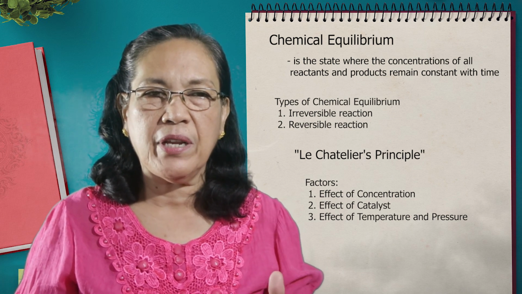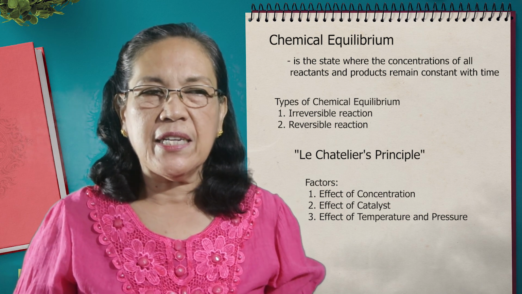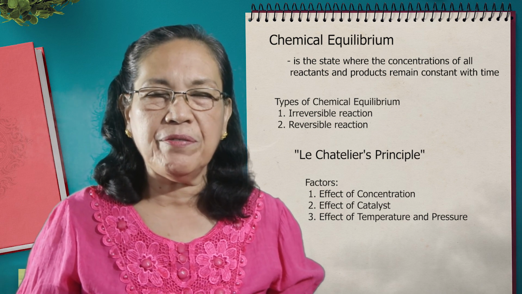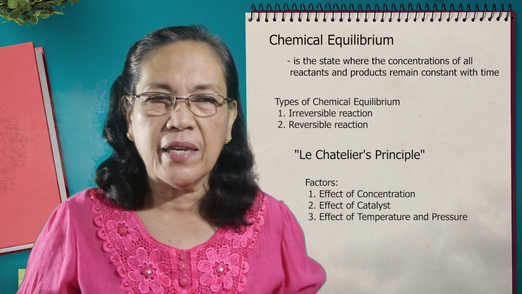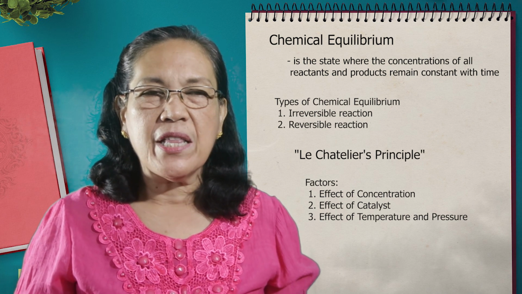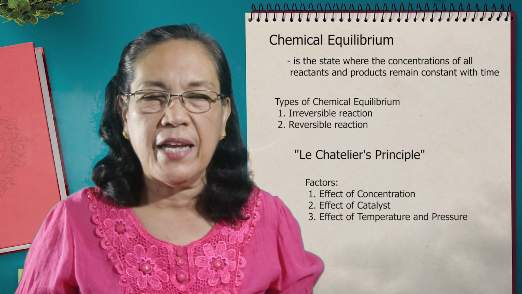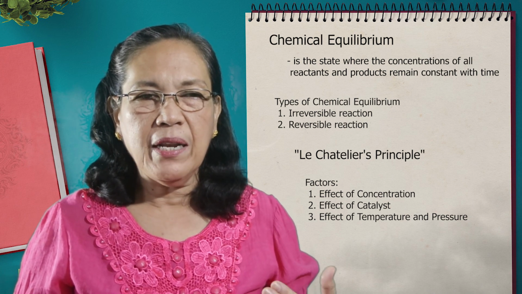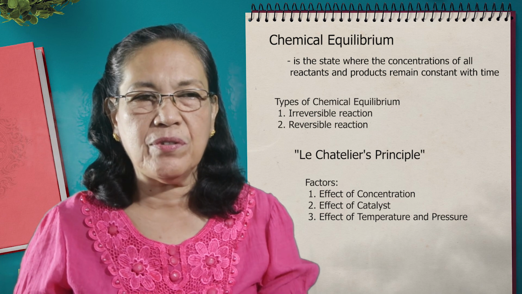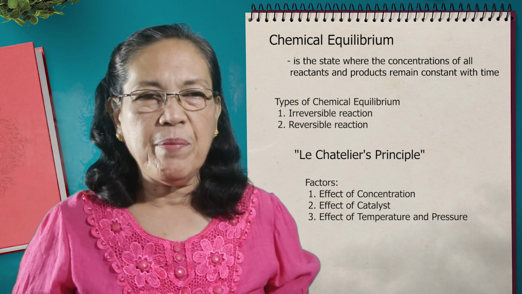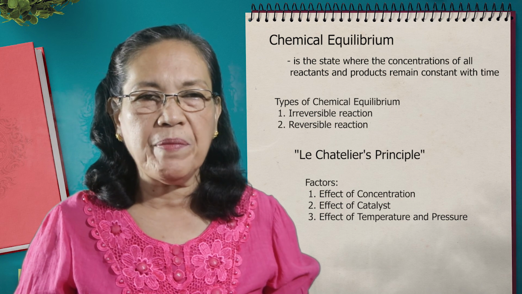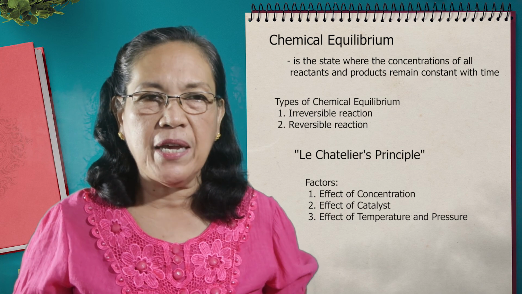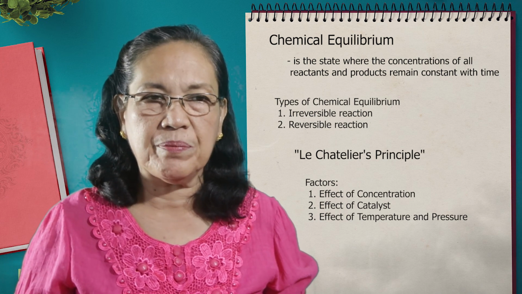Now, if the temperature of this reaction is raised or increased, then the equilibrium reaction will go in the direction to relieve this stress. That is, as the temperature is raised, the equilibrium will shift to the left. Why? Because look at the reaction, there is already heat released at the right. So increasing the temperature will make the reaction shift to the left, favoring the reaction that tends to absorb this heat so that the reaction will remain in a state of equilibrium.